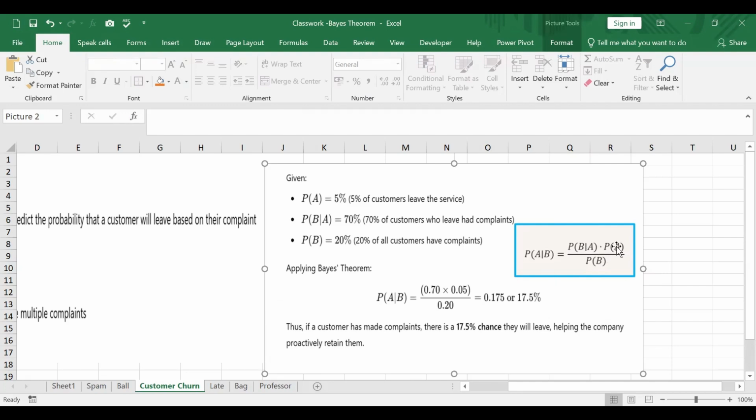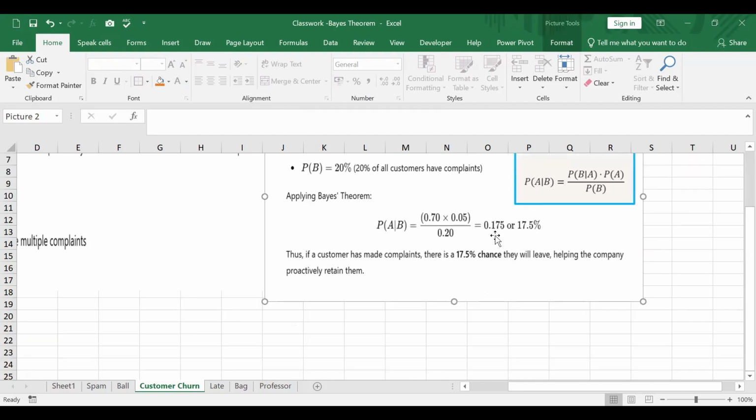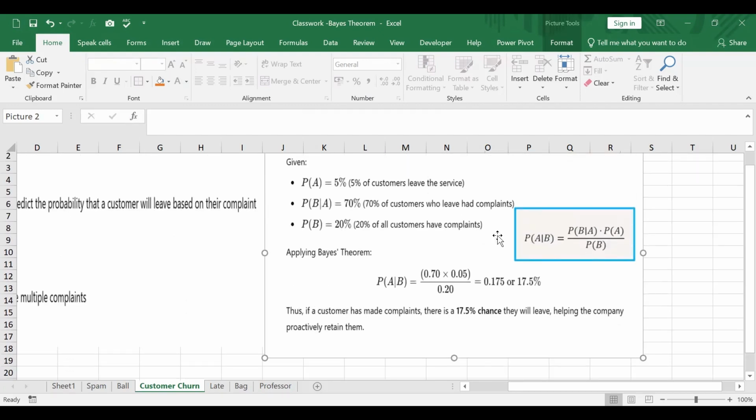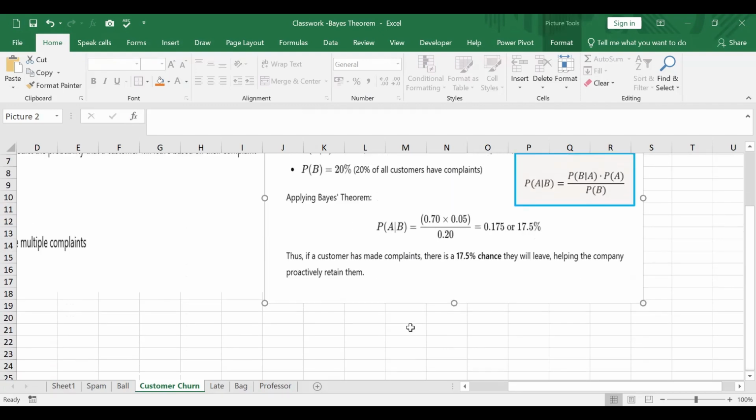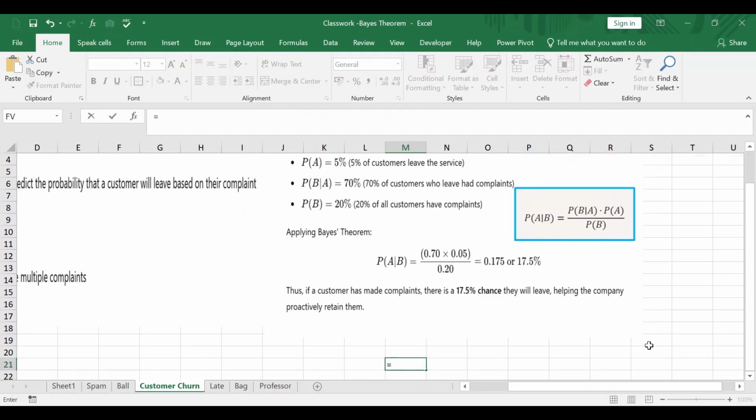Substitute 0.70, 0.05 divided by 0.2, so it is 0.175. Let us calculate here: 0.7 star 0.05 divided by 0.20.